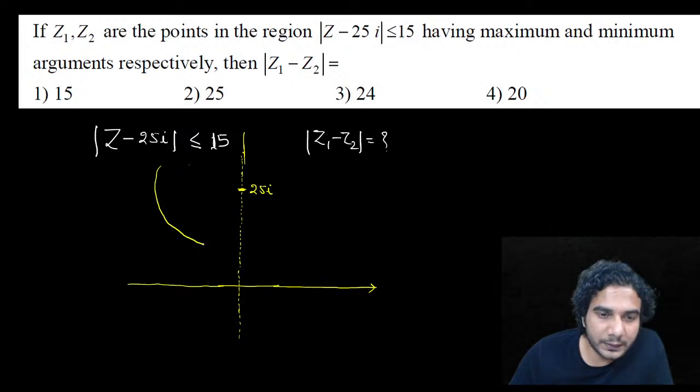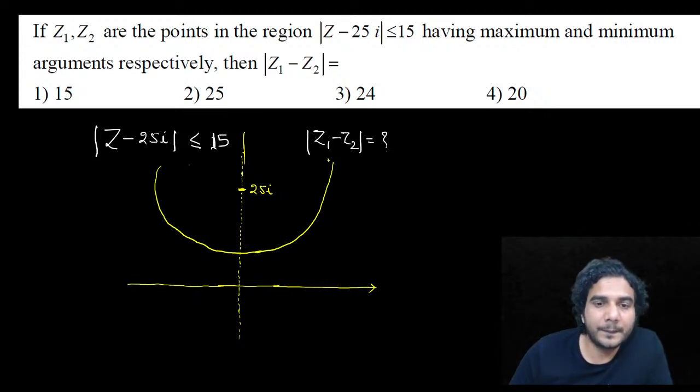So let's make a circle whose radius looks like 15. It's like this. So 15 is the radius.